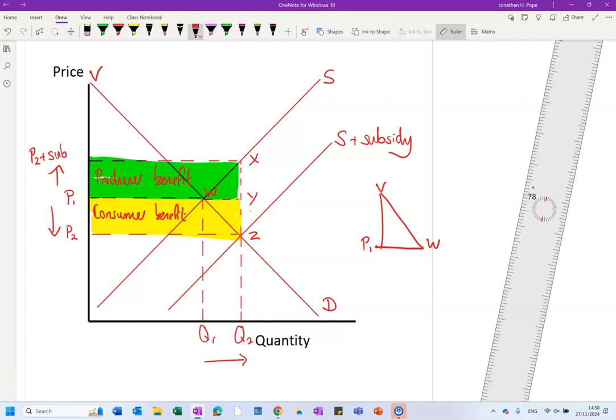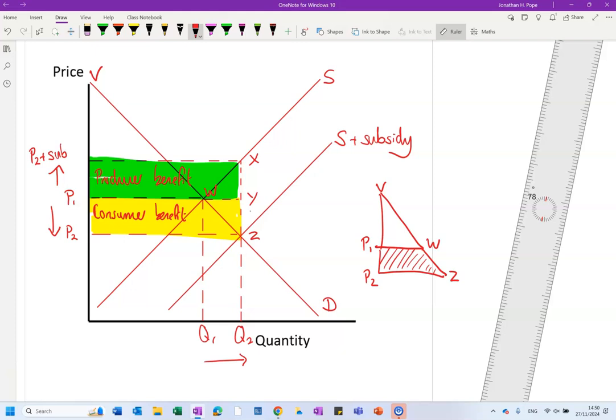What's happened to it as a result of the subsidy? Pause, think about it. Okay, and when you're coming back, you should be able to see that there's an extra amount of surplus there, and they have the coordinates P2 and Z on the side there. So the total amount of consumer surplus as a result has gone up by P1, W, Z, P2.